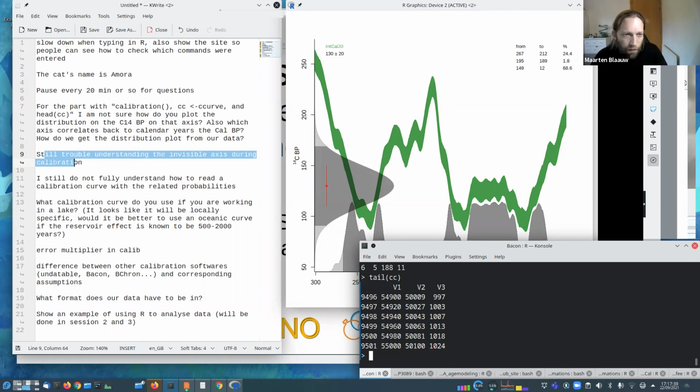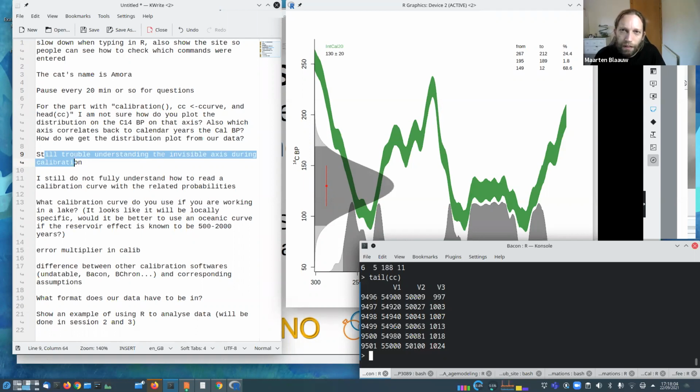If you think it has an impact, you could. I'm not sure if it can be done in OxCal actually. But normally, I don't think it has much of an impact.